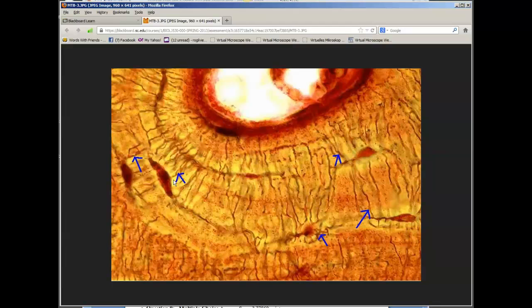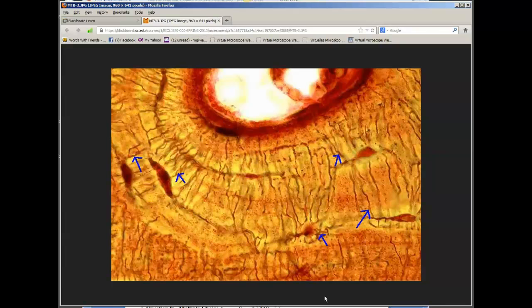And of course the processes of these osteocytes extend into the little canals. The Latin term canaliculi means little canals. So the answer to that question really is unequivocally canaliculi.